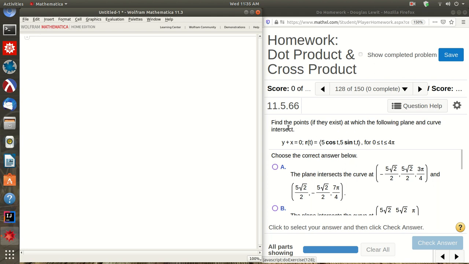The question is, find the points, if they exist, at which the following plane and curve intersect. y plus x is equal to 0, that's going to be the plane, and the curve is given by a vector valued function r of t, where the x component is 5 cosine t, the y component is 5 sine t, and the z component is t, on the interval where t is between 0 and 4 pi.